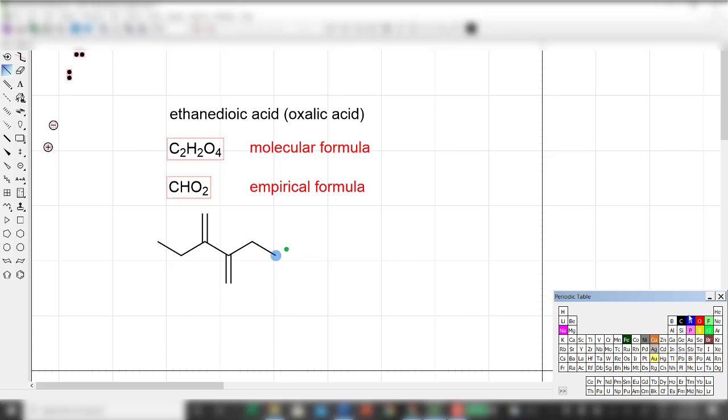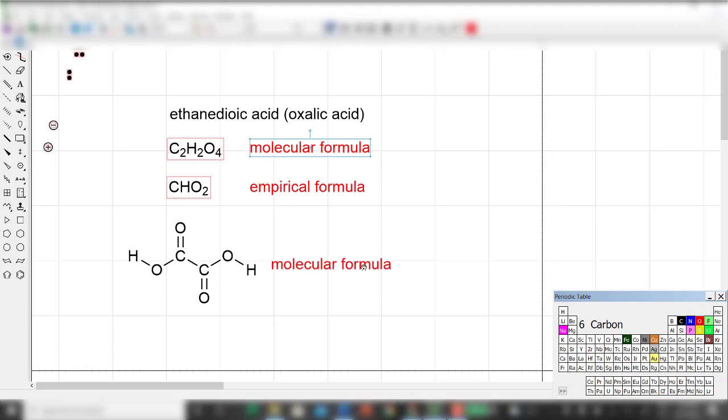So in our case here, for ethane dioic acid, I have the O here, the carboxylic acid, and then a H, and then two carbons. So this is what we call the displayed formula.